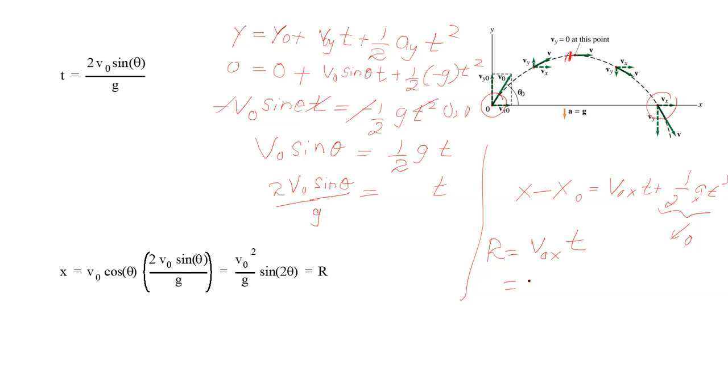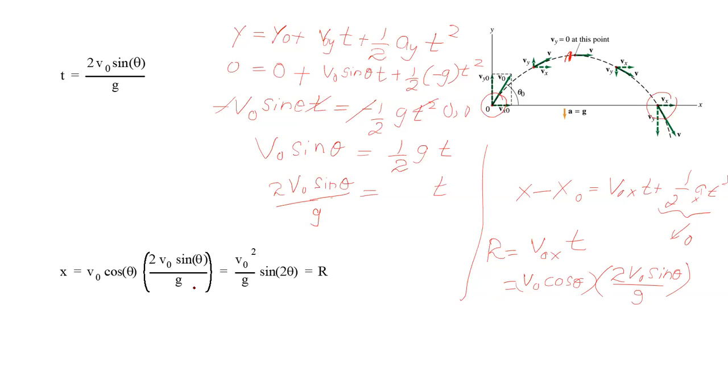We know v0x is v naught cosine theta, t. We found 2 v naught sine theta over g. Nothing new.